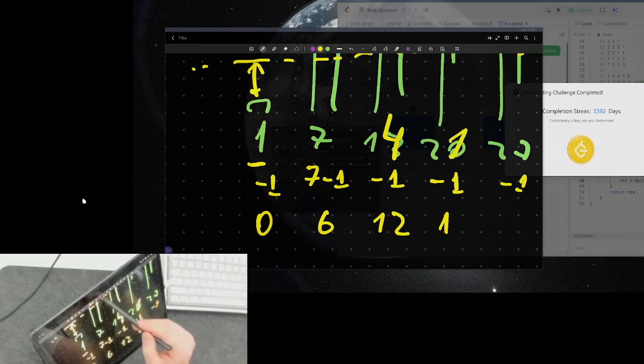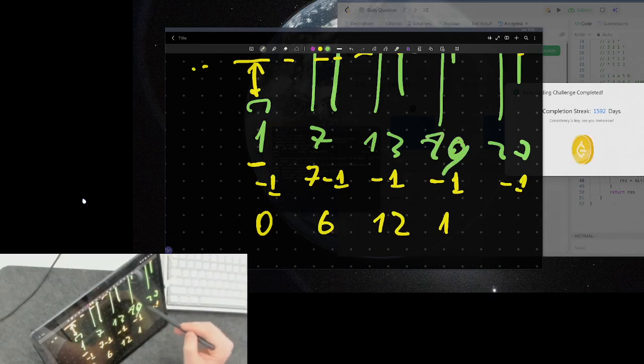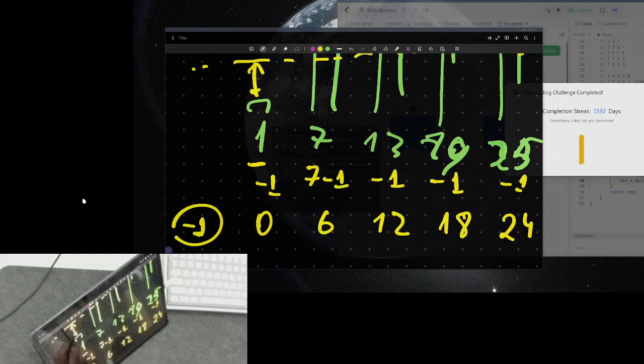Oh no. So 7 plus 6 is 13, plus 6 is 19, not 12. And then 19 plus 6 is 25. So it became 18, 24. And so this is adjusted from the starting position.